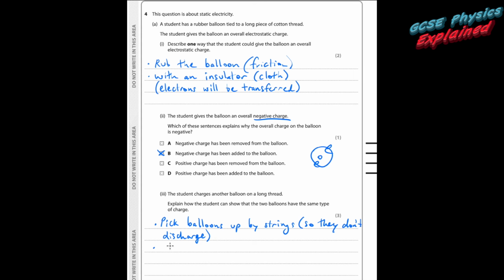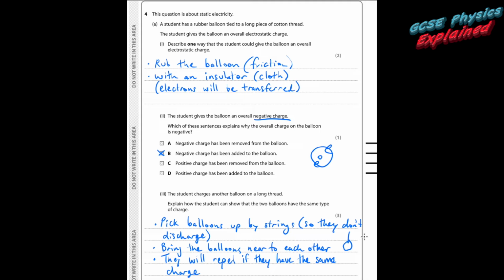Bring the balloons near to each other. They will repel if they've got the same charge. So hang them together like that, and if they got the same charge, then they'll repel away.